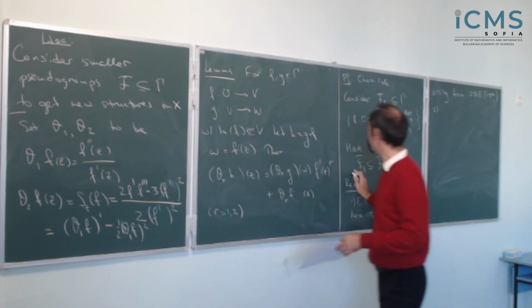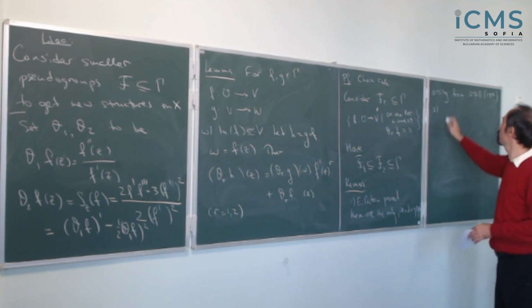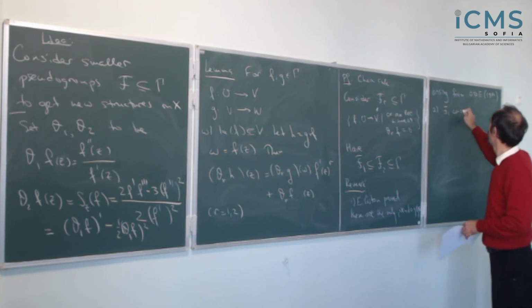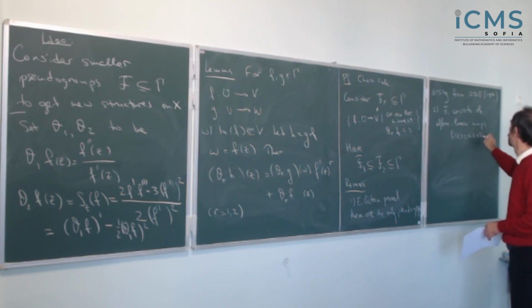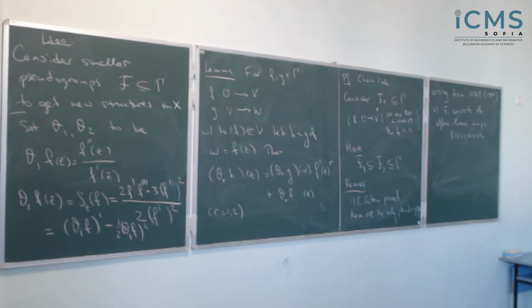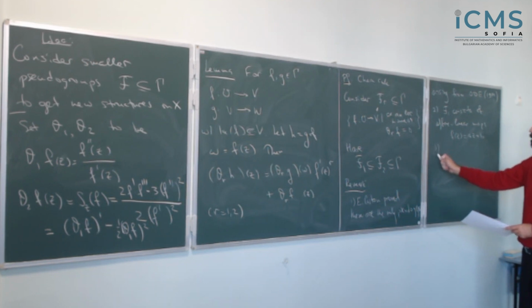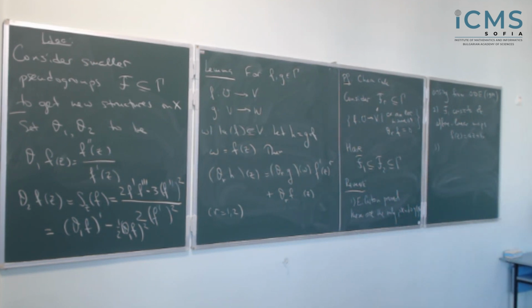So this family F1 just consists of affine linear maps. Now what is in F2? So F2 consists of actually fractional linear, or Möbius, transformations.